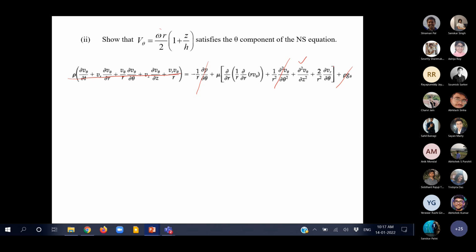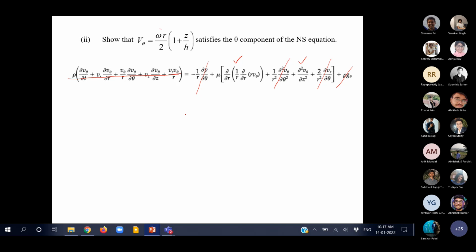And of course, as before, due to angular symmetry, this part will be 0. However, this is going to remain in the expression.